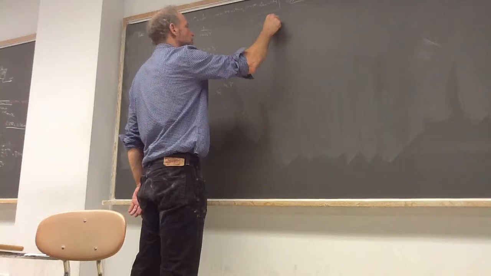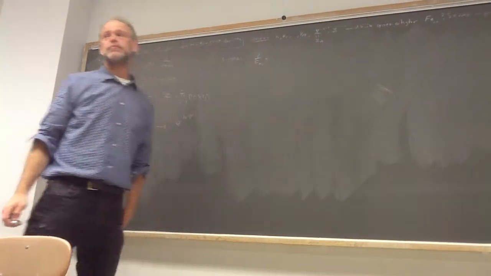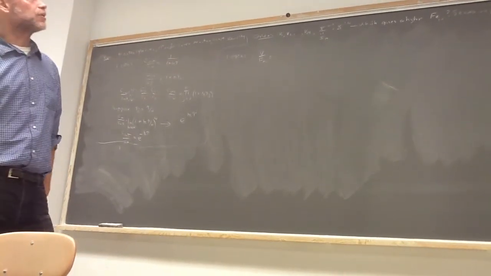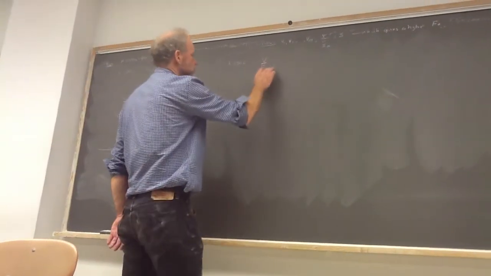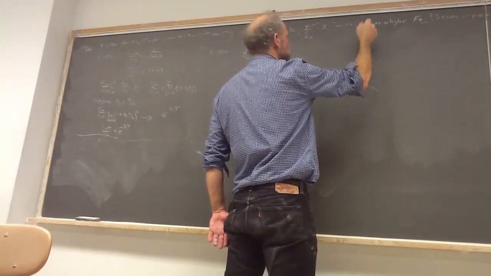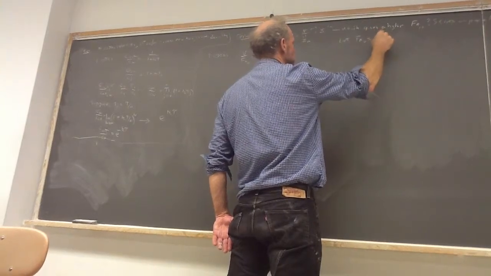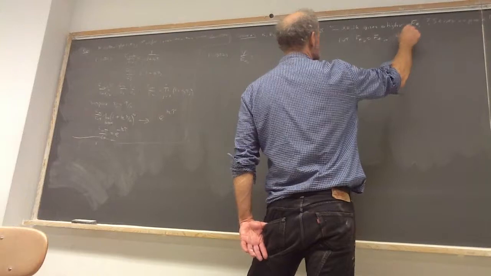One CSTR. Okay, so I have V over FA0. Here I'm going to make life easy: I choose the reference state, so I'm going to let FA0 be FA in, since it's the first reactor.